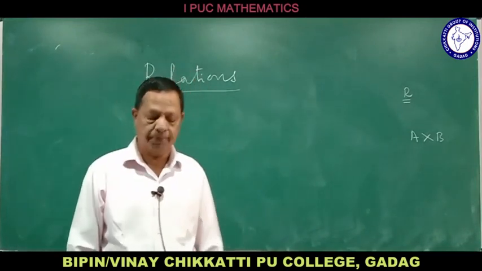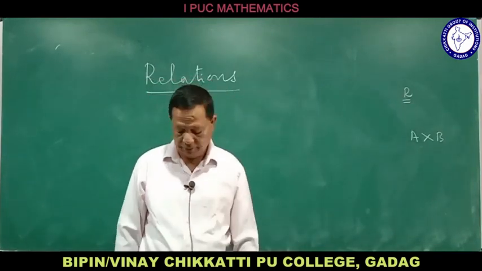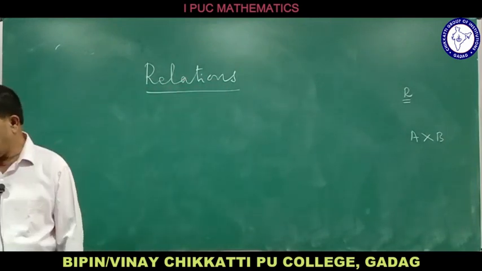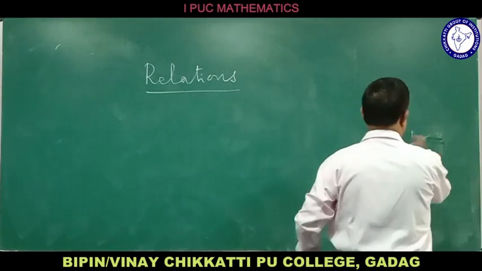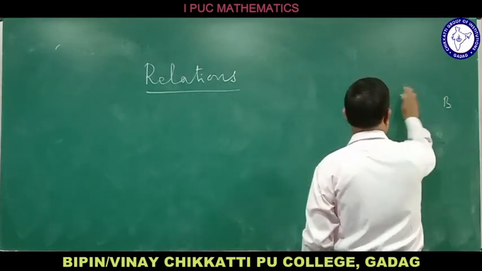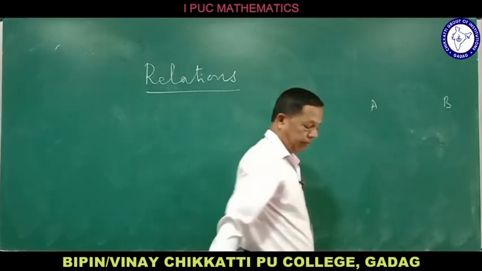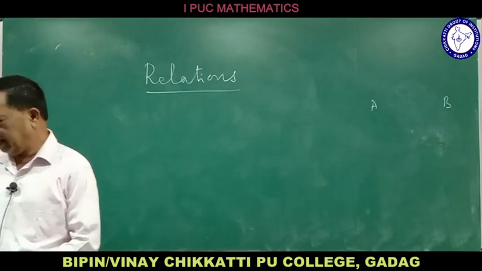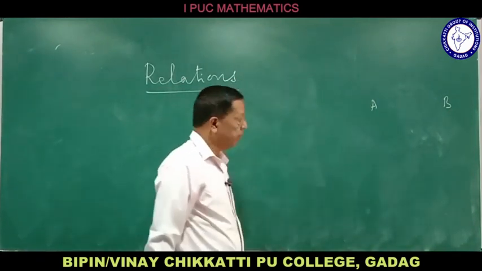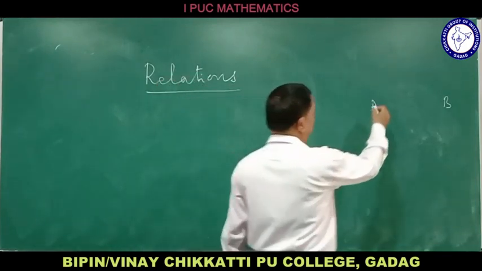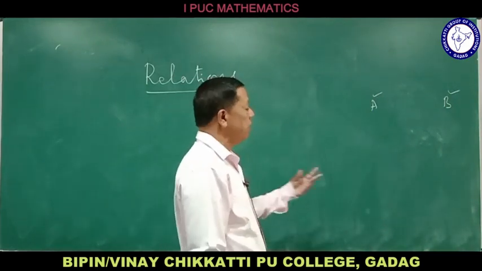Once again, the relation R we are defining is a relation from two sets, one is set A, another is set B. That is the definition we are giving: a relation R between A and B is a subset of the Cartesian product of A and B.